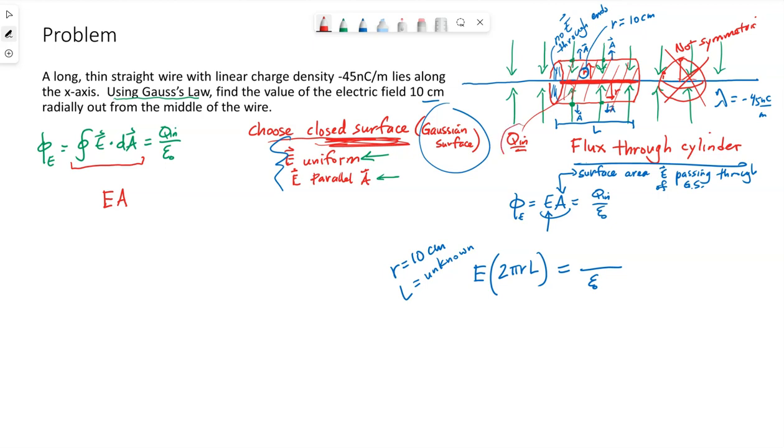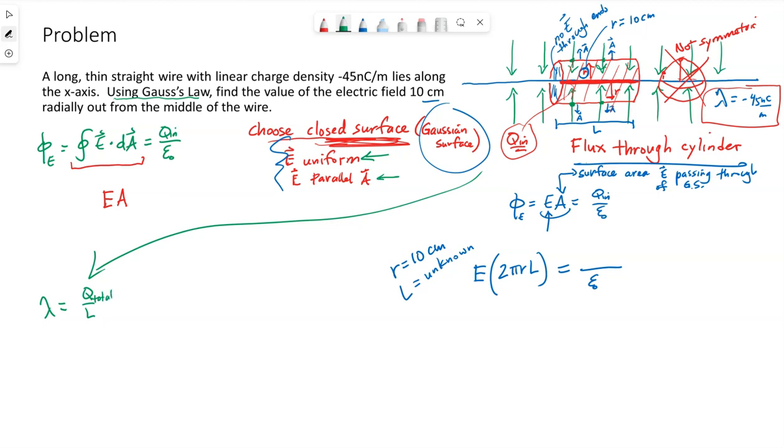This Qn will be related to the linear charge density they told us about in the problem. We know linear charge density is total charge over total length of the wire, which we don't know either one of those, but that's okay. We don't actually need those.